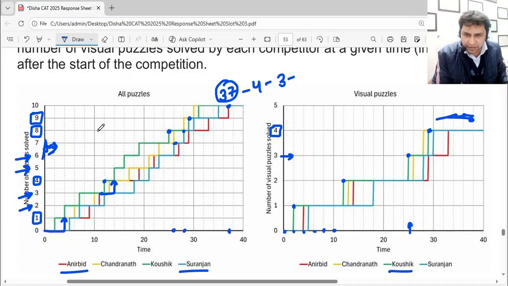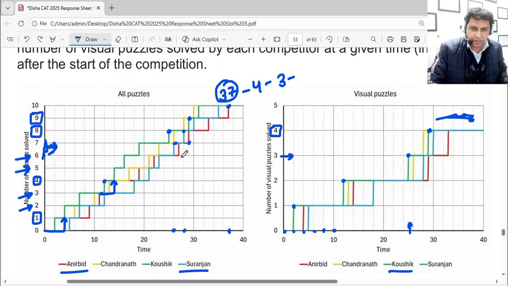Then the 8th puzzle, the 7th he was here, and the 6th he was here. We need to know the 8th puzzle. So the 7th he was here. Let's rub the other ones.